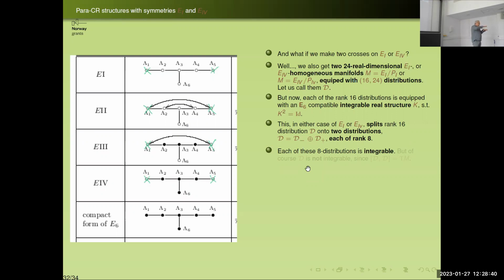There is a rank 16 distribution and there is J. And then, they can be embedded very easily. I can give you a formula how to embed them as CR manifolds, as real submanifolds in C16.